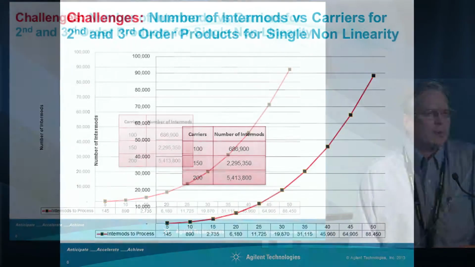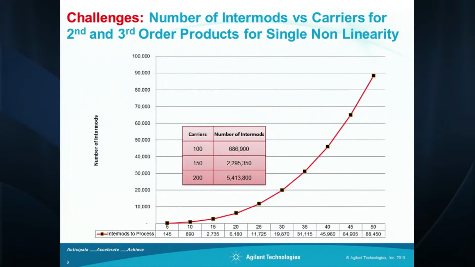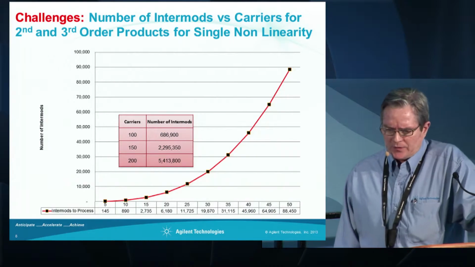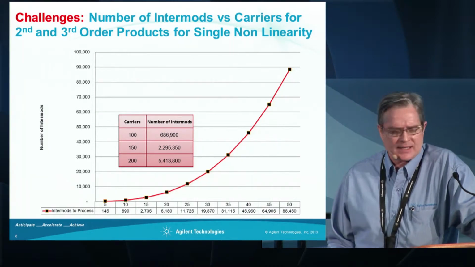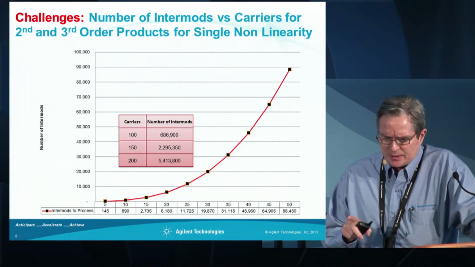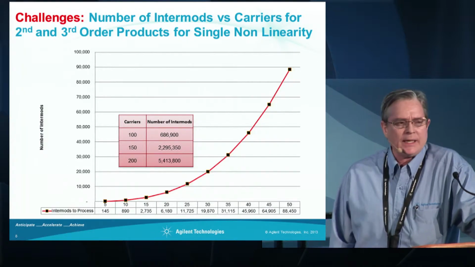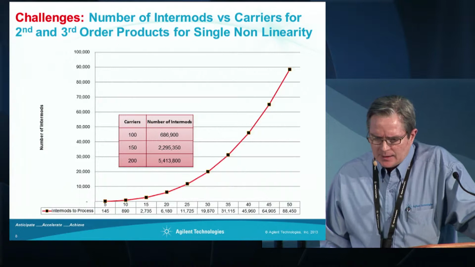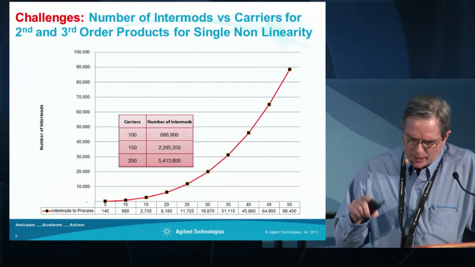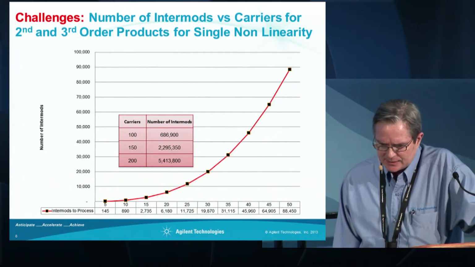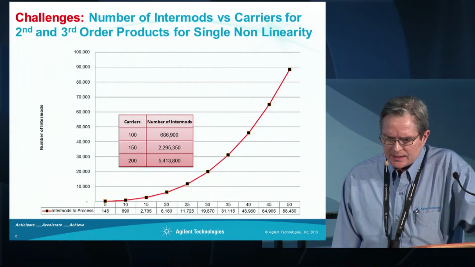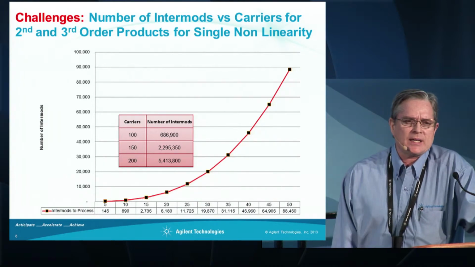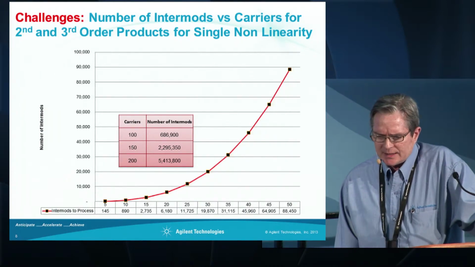Here's a simple example. This is just second and third order nonlinearities, and we've got the number of carriers on the x-axis, so you can see 5, 10, 15, 20, and so forth. The box below that on the x-axis is the number of intermods it takes to simulate that number of carriers.